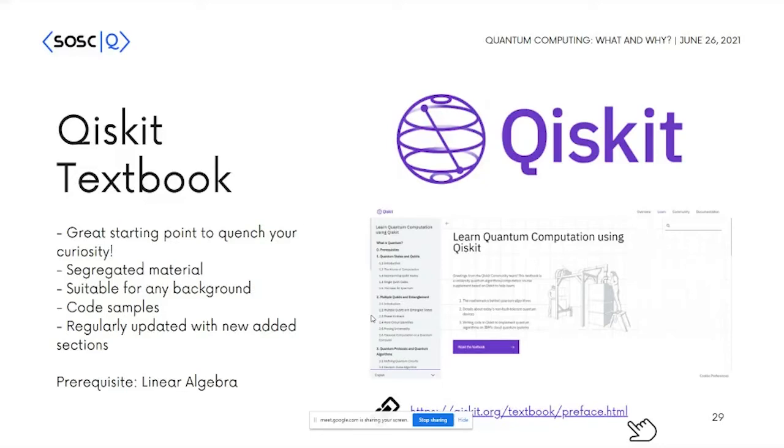So you can also contribute from your end, which is what I was planning to do for this summer. Maybe contribute one of the chapters in this book, right? The prerequisite is, of course, a bit of linear algebra. You need to understand a little bit of linear algebra and complex numbers, and then I guess you should be good to go. If you're all engineering students, we have had this in the first semester, so this should be good to go.